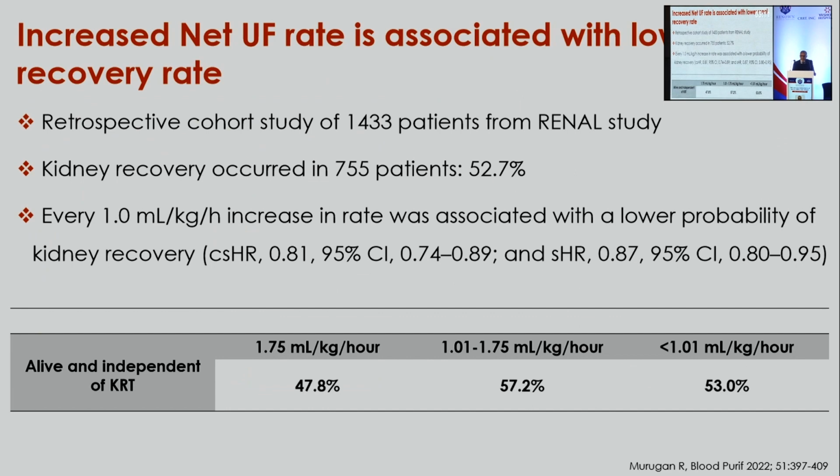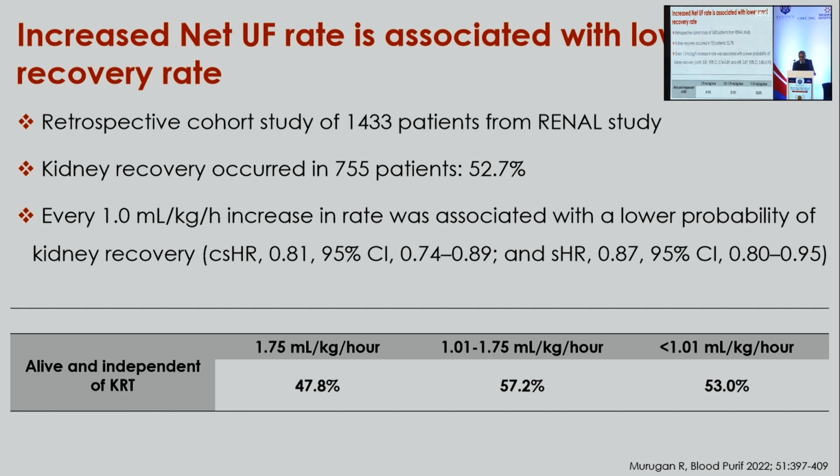Right. And there was another study that looked at the same UF ranges, and they looked at the renal recovery rate in these patients. Again, what they found is that about 52% of their cohort of the 1,433 patients in the RENAL study had renal recovery, but every 1 mL per kilogram per hour increase in the rate was associated with a lower probability of kidney recovery.